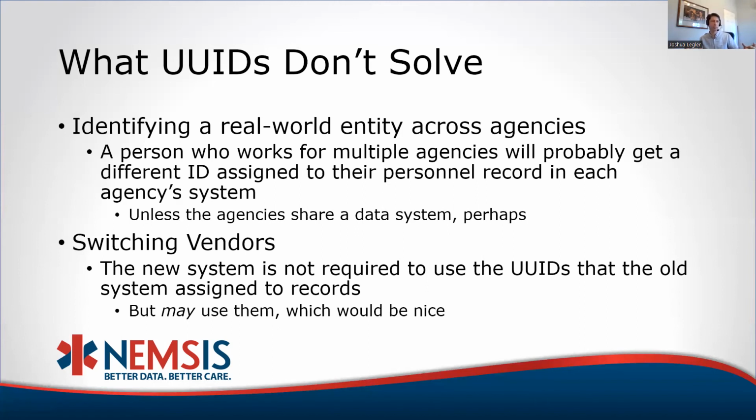So you have to remember that the UUIDs will be generated in the NEMSIS world. They'll be generated by the agency's data system. Now, your licensing system is also generating UUIDs of its own for all of those records. Most mature systems use this UUID approach.